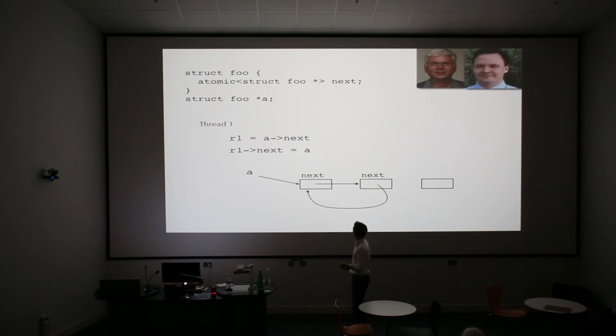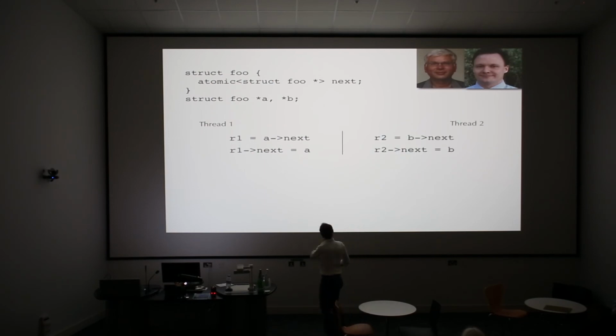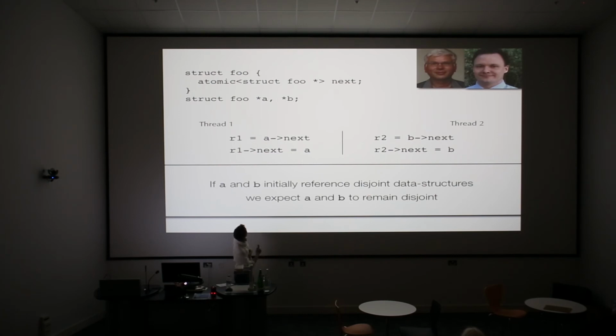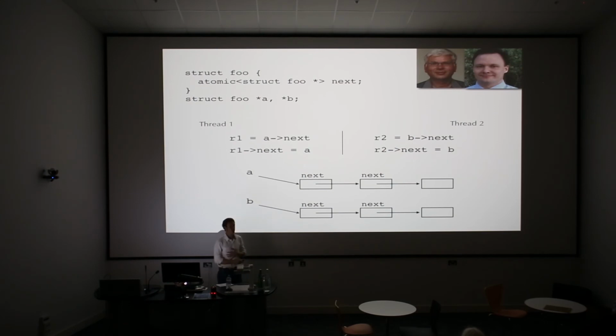Fine? Now, I do this in parallel, so everything is atomic relaxed. So I do this in parallel on two disjoint data structures, A and B. Okay? So imagine that we start from here. Thread 1 only operates on A, and thread 2 operates on B.